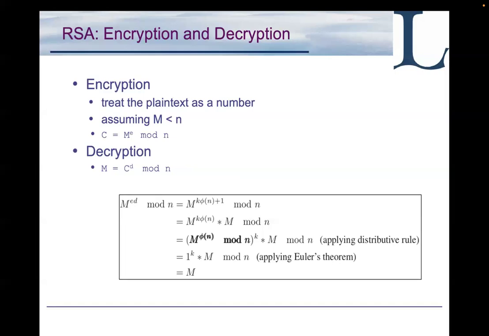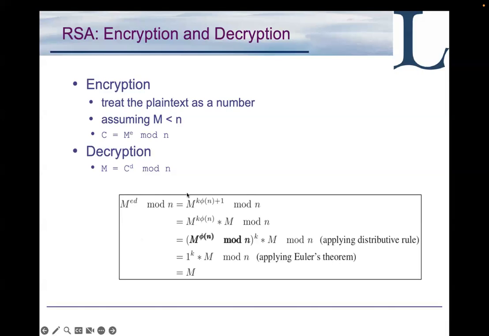What you do is take this message M and raise it to the power of E, and you do this computation modulo N. To make a long story short, the decryption follows exactly the same procedure. You take the ciphertext and raise it to the power of D, the other exponent that you generated.